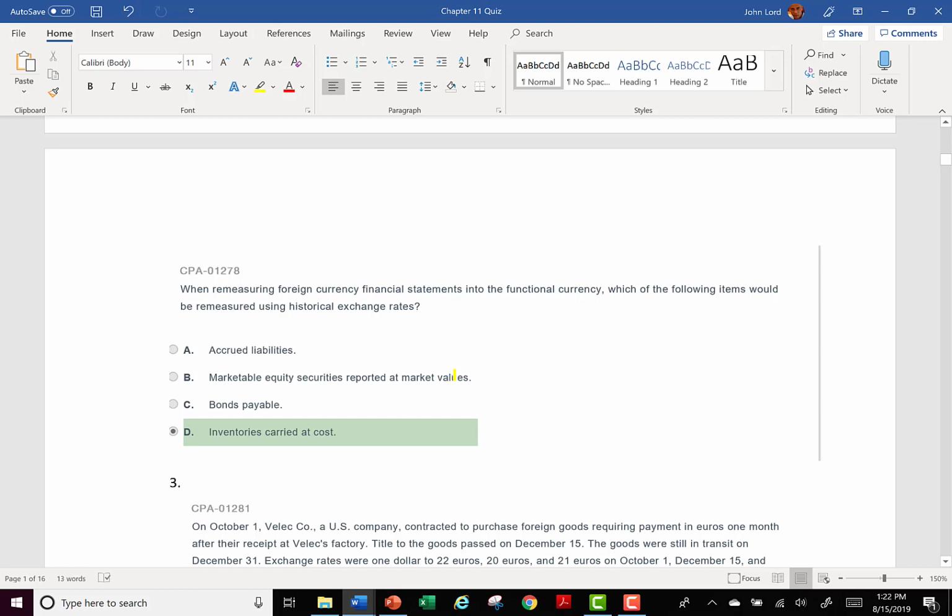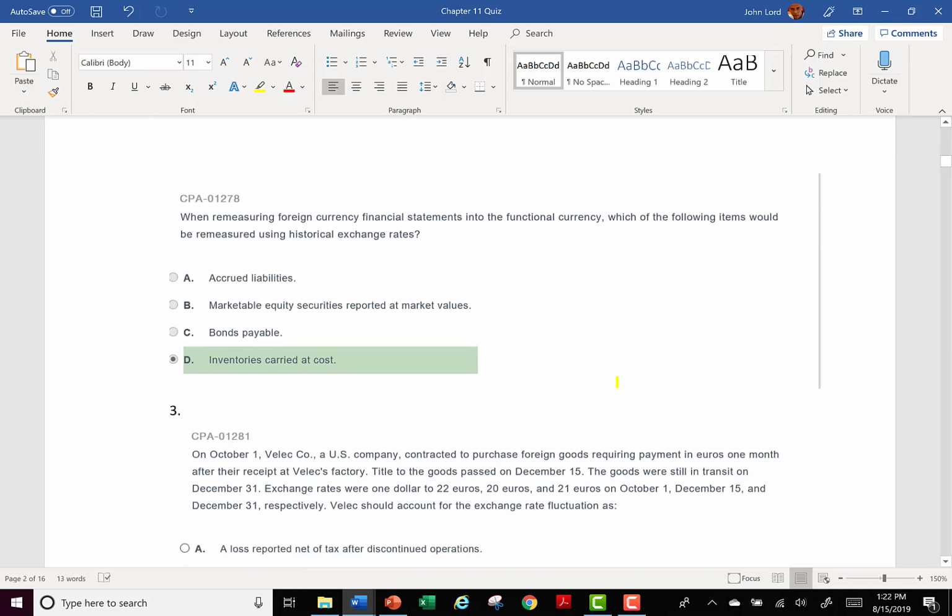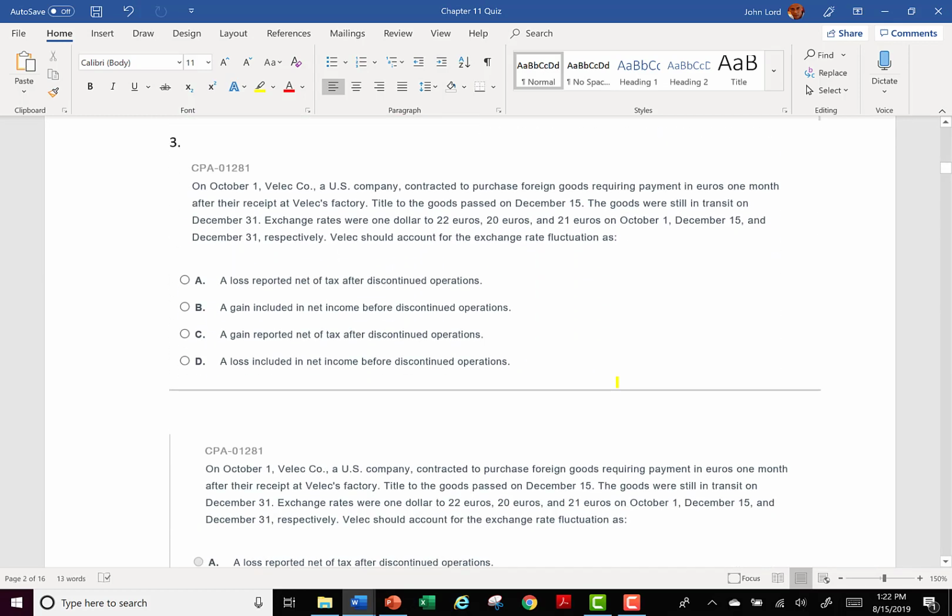Marketable equity securities, by the way, guys, be careful: not our securities, but securities we've acquired of other entities, right? We're only going to use historical costs for inventory. But be careful, if it says something like the inventory was acquired evenly throughout the year, we should use weighted average. All right, so that gives us some of the rules that we learned earlier.